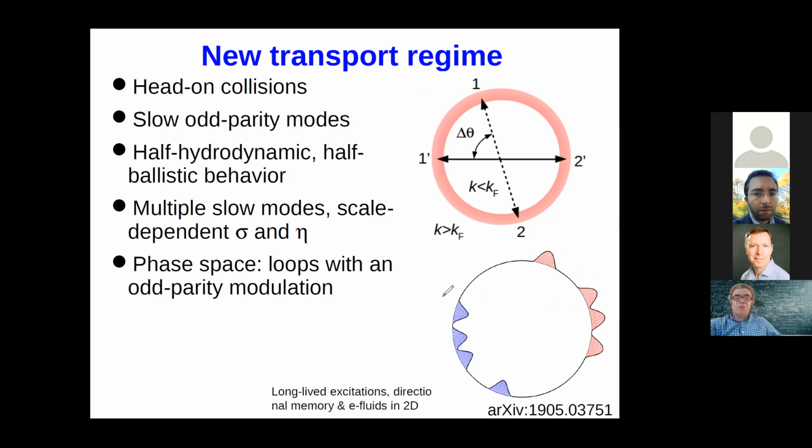So these are loops in phase space with an odd-parity modulation.